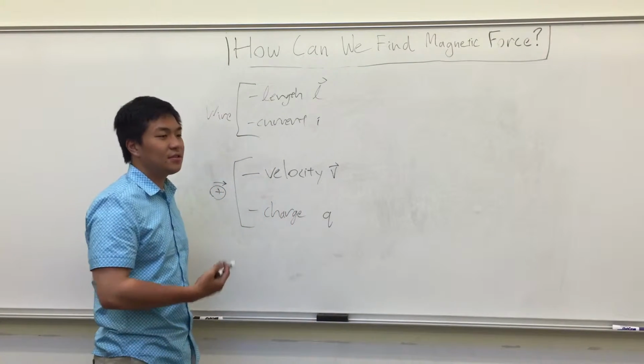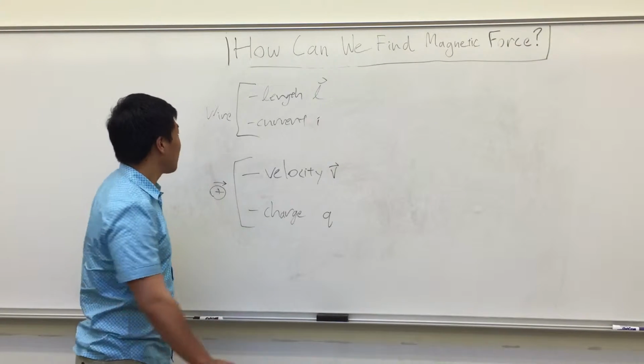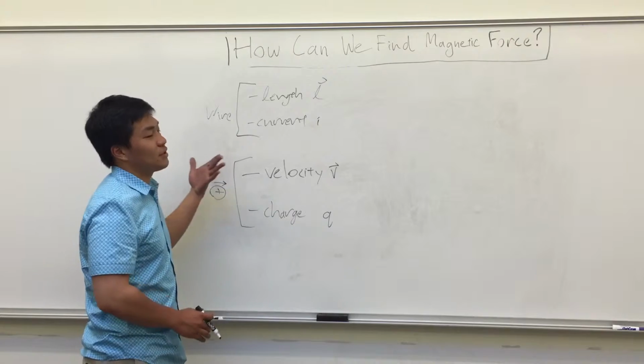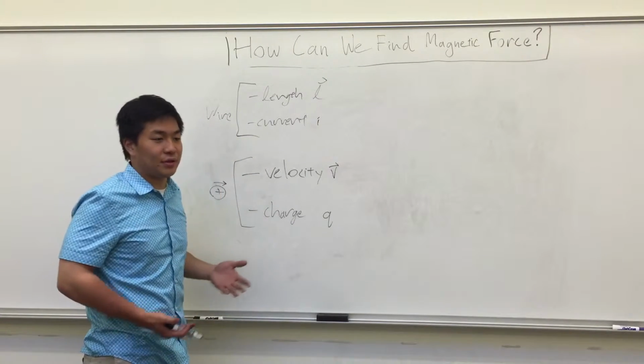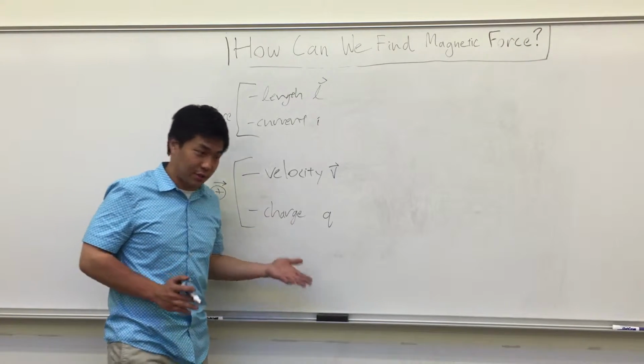Yet, these are not the only things that seem to be affecting magnetic force. For instance, if we move these two wires further apart, Ampere noted that they felt less of an attraction or less of a repulsion between each other.